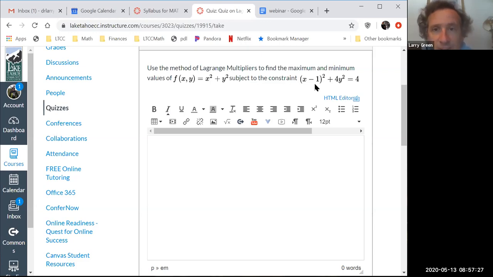So let's find first grad f. And grad f is pretty easy. Hope it's easy for everyone. Yeah, 2x comma 2y. And then we find grad g, a little harder, but not hard.